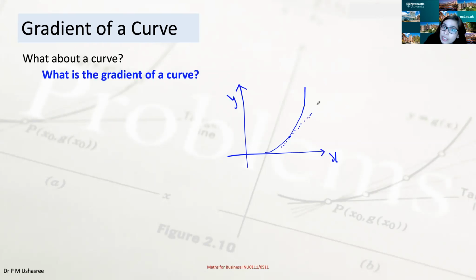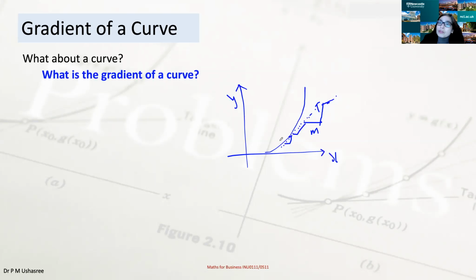You know this is your tangent T. You know how to find the slope of this tangent because it's a straight line. For this tangent, the slope is going to be constant. Anywhere you find the slope, it's going to be constant.